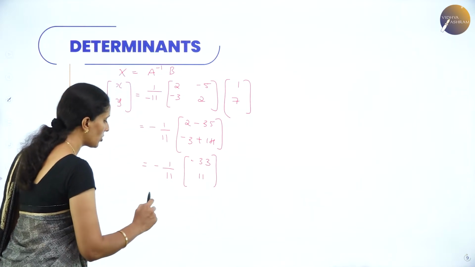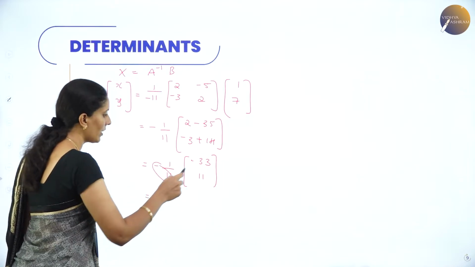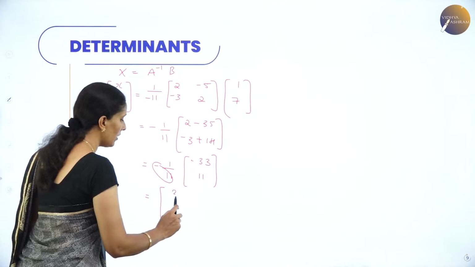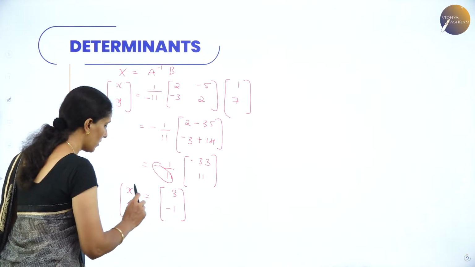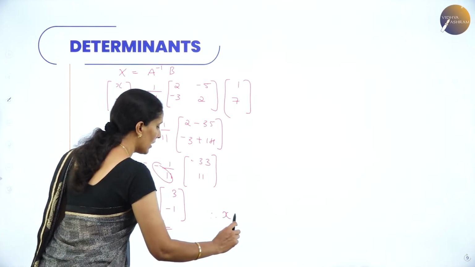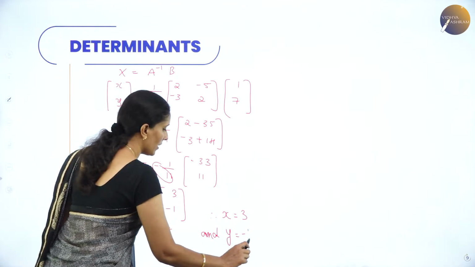Divide by minus 11, because we have minus here. So then we get 3 and minus 1. Here we have x and y. So clearly the two matrices are equal, therefore x is equal to 3 and y is equal to minus 1.